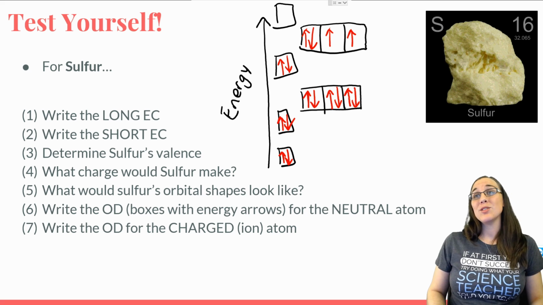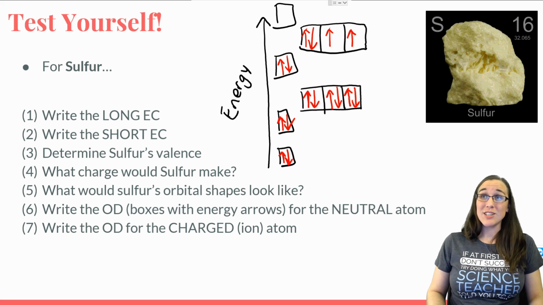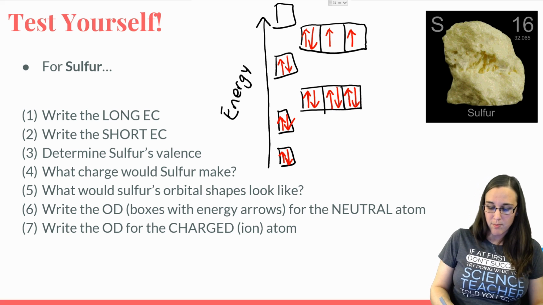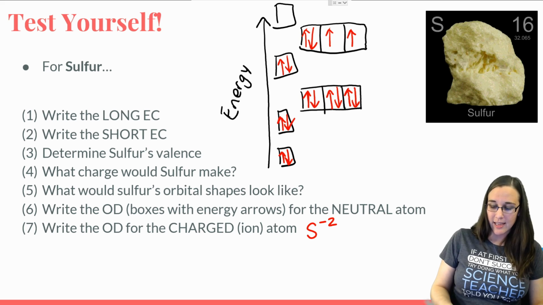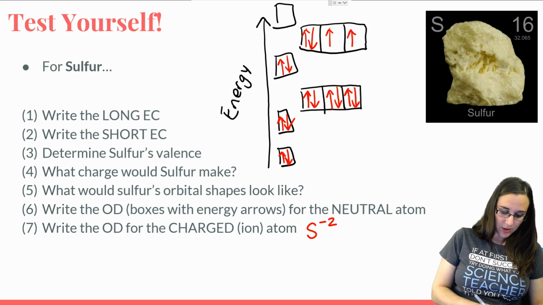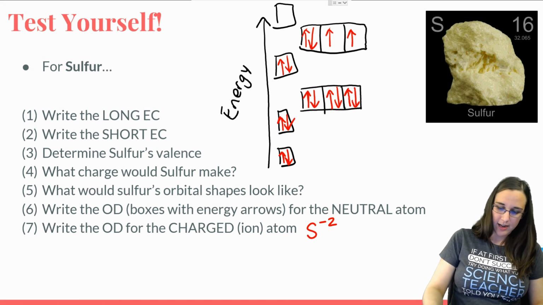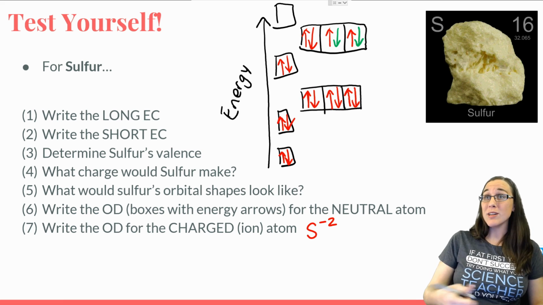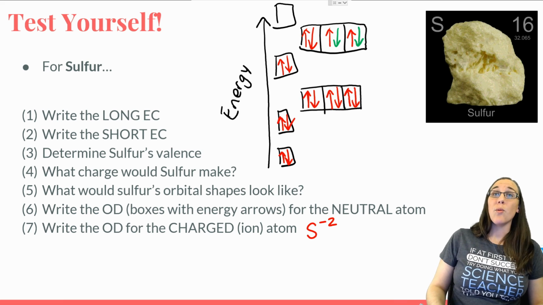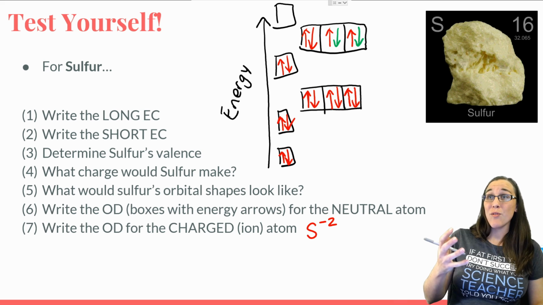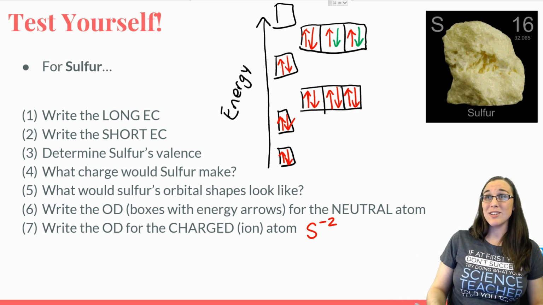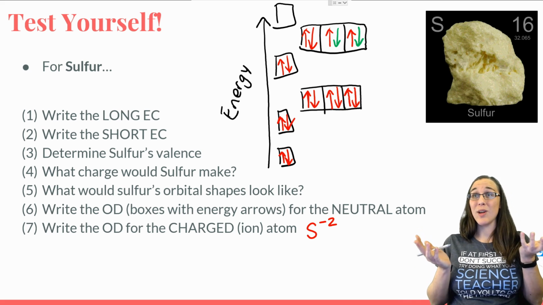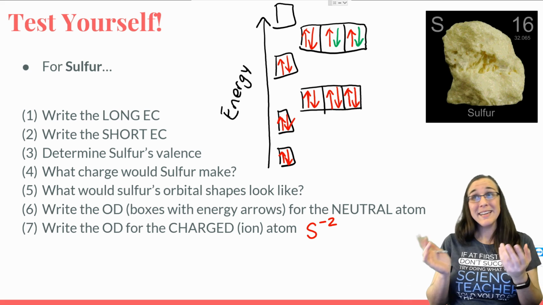Now if we were going to write the orbital diagram for the charged atom of sulfur, remember that charged atom is S 2-, so it gains an extra 2 electrons up here in our orbital diagram. Notice that it's all filled now. All we'd have to do is add those extra 2 electrons in those boxes, and voila, we are done.